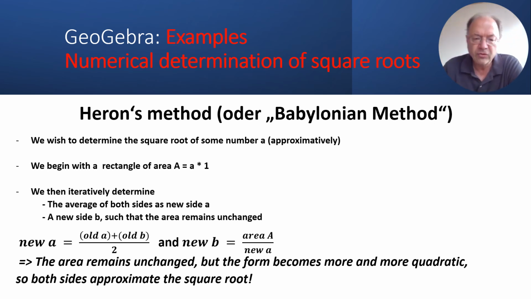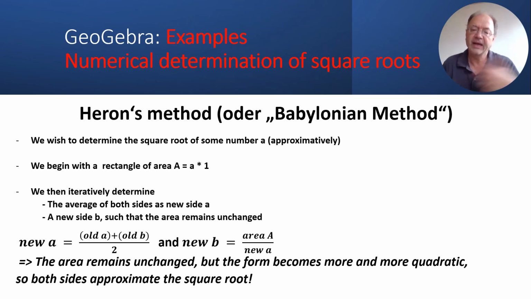Okay, and now I do something iteratively that brings me in the direction of the square root, and that is this side A is always iteratively defined as the middle of both sides. So the average of both sides is the new side A, and the new side B I can then calculate from the area. And as this is the average, it will be closer to the square.